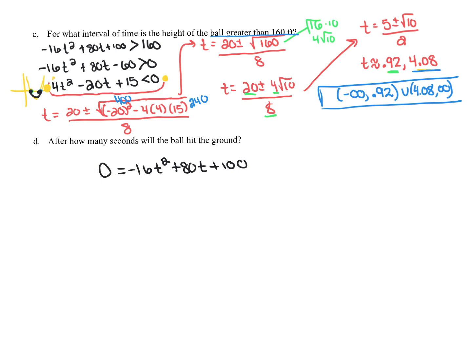All of those are divisible by 4, so actually do a negative 4. 0 divided by anything is 0. Negative 16 divided by negative 4 is a positive 4t squared. Minus 80 divided by a negative 4 is going to be 20t. And then 100 divided by negative 4 is going to make a minus 25.